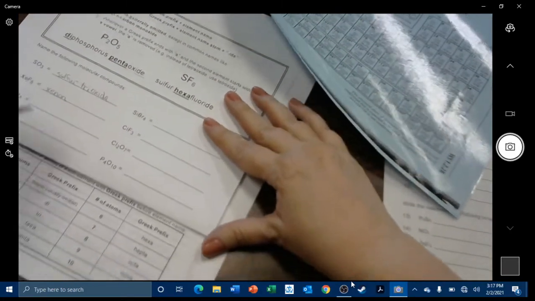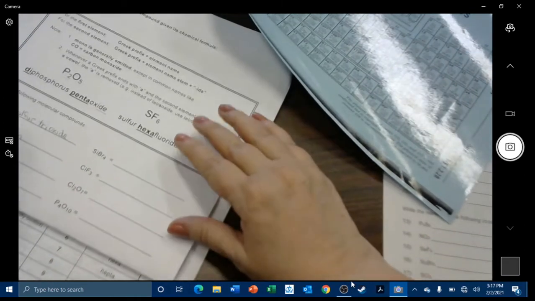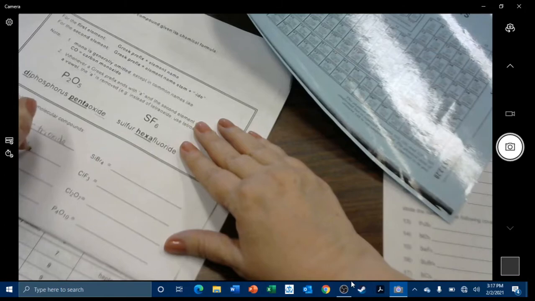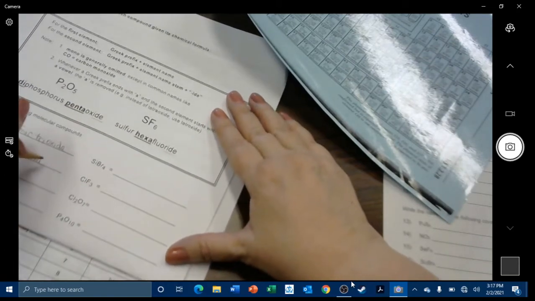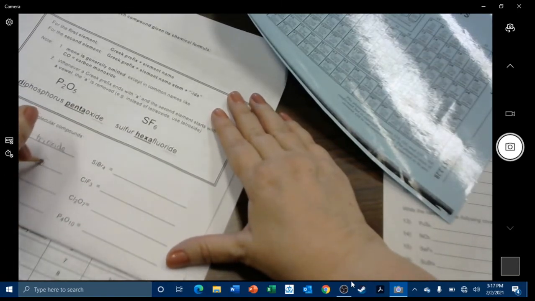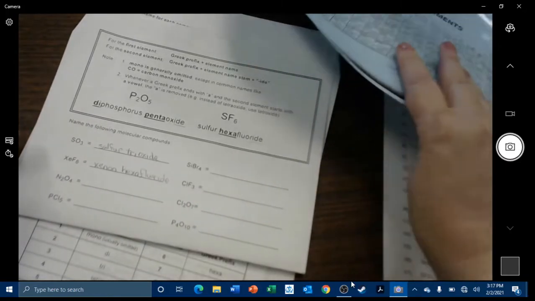There's 6 of them, so it's going to be hexa, but then at the end is going to be IDE, right? So hexafluoride, just like that.